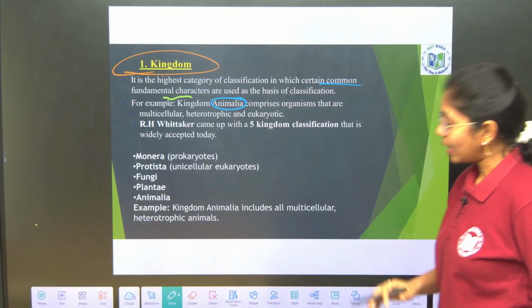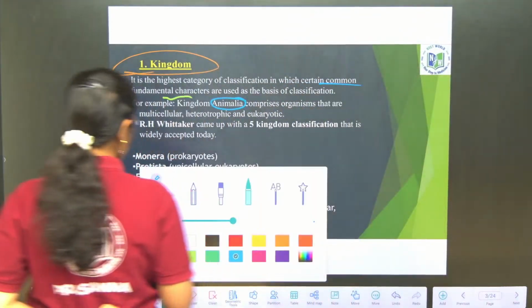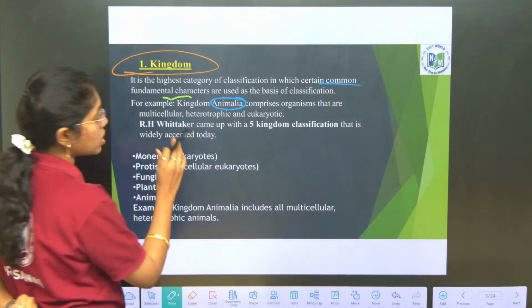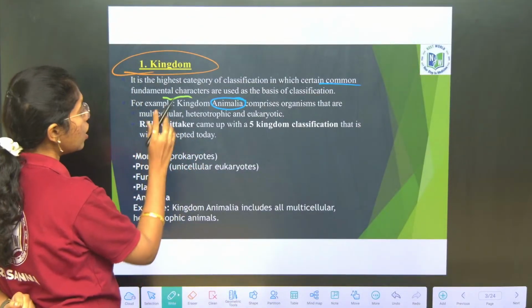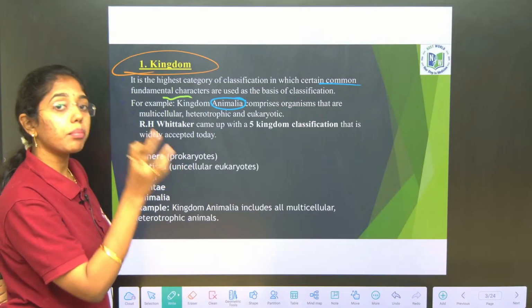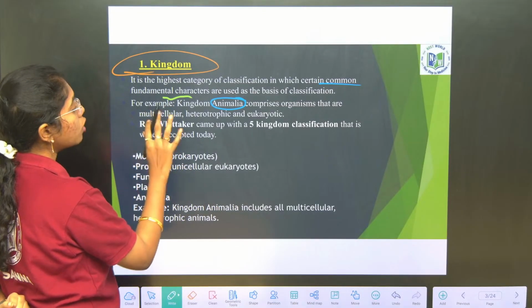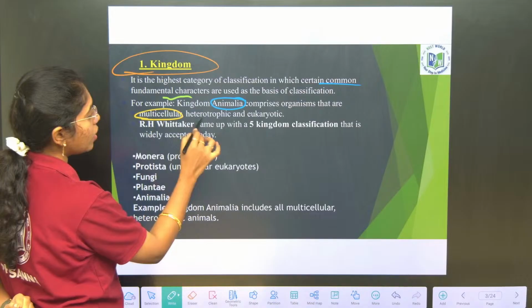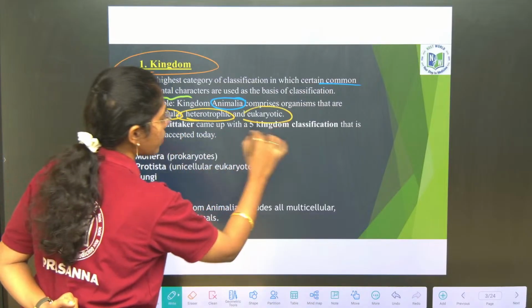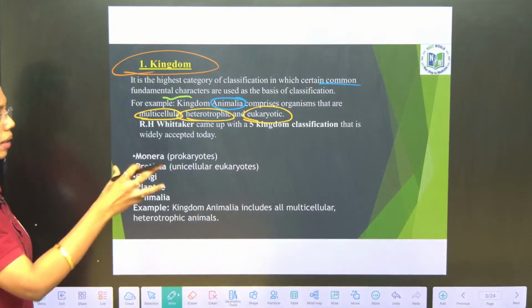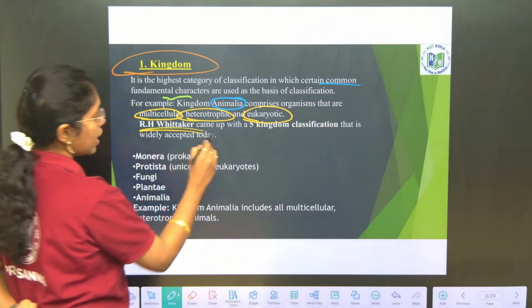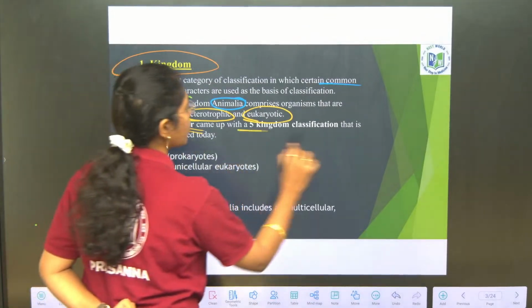Organisms which are multicellular, heterotrophic. Just a few characteristics will be there because this is the highest taxonomic category. Only a few characteristics are mentioned. What are they? All those organisms which are multicellular, heterotrophic and eukaryotic are placed under the kingdom Animalia by R.H. Whittaker in his 5 kingdom system of classification.